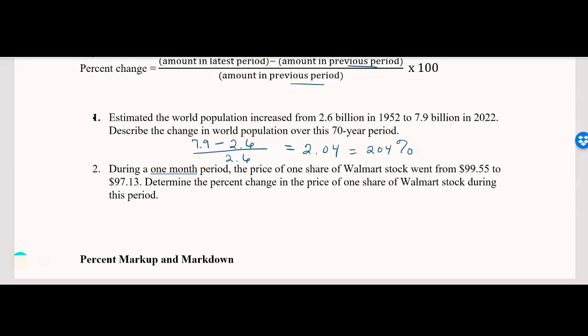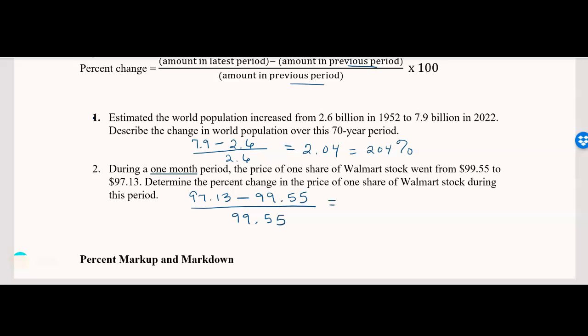Again, always start with the most recent. Well, the most recent was the second one. It went from 99 to the 97. Hence, the most recent price was the 97.13, and the past price was the 99.55, and then we divide by, again, 99.55.